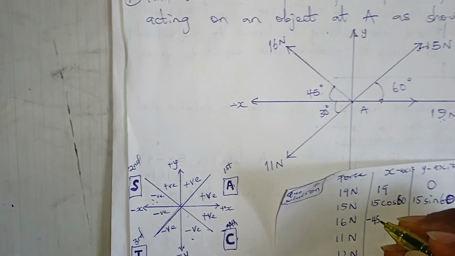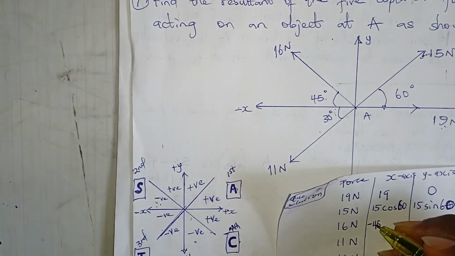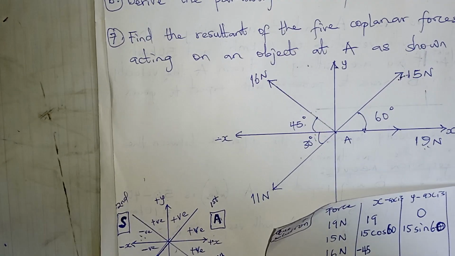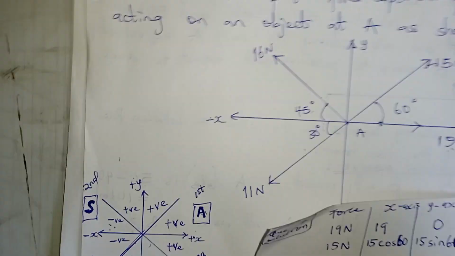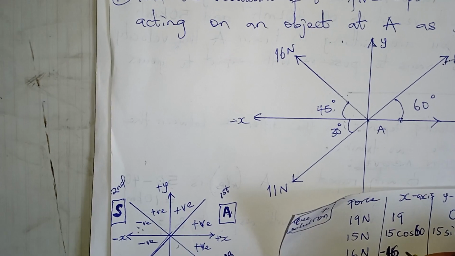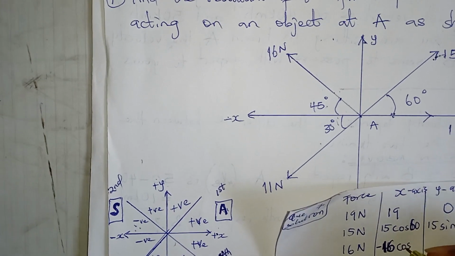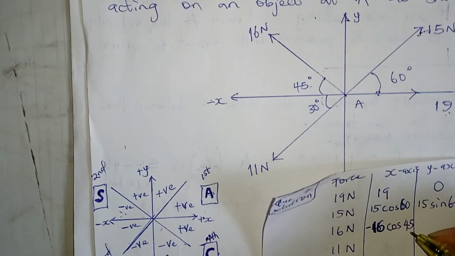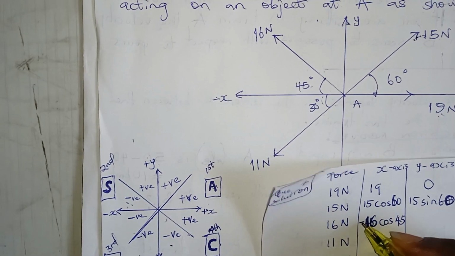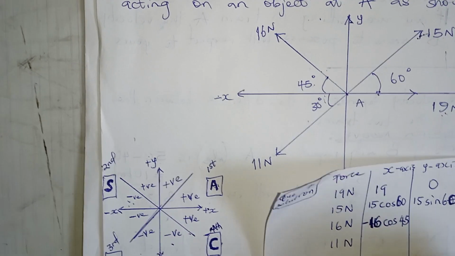That is cos minus 45 degrees. So first of all, on the x-axis, notice that the minus will affect everything. So it will now be minus 16 cos 45. This 45 is here because the minus is already here. The minus will affect all the answer.